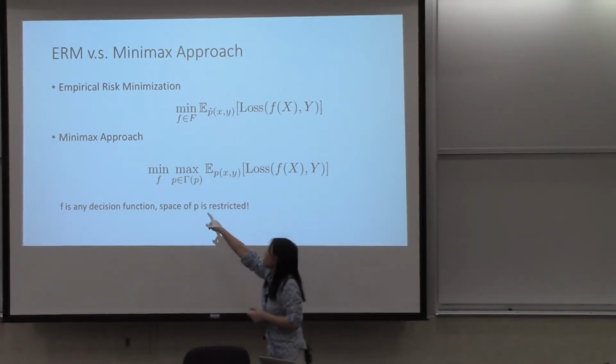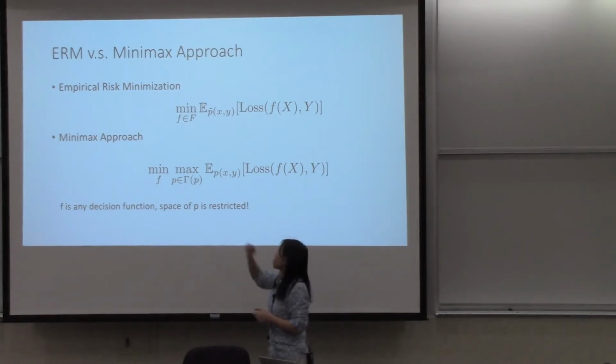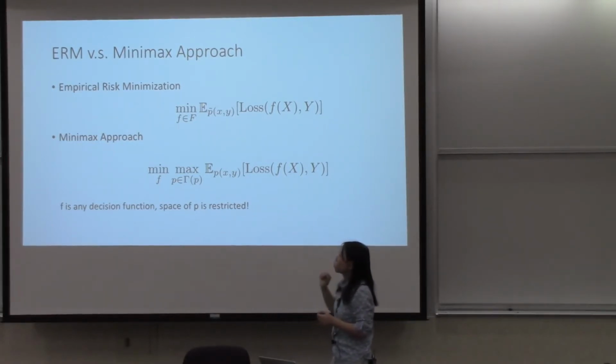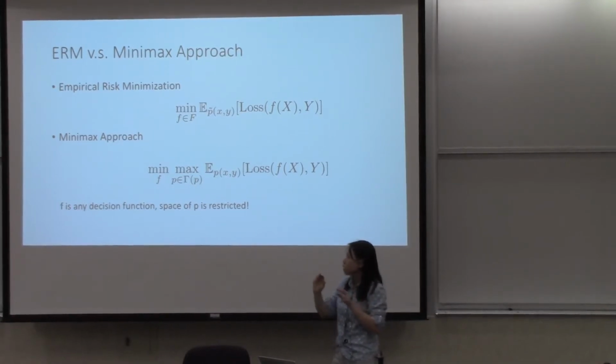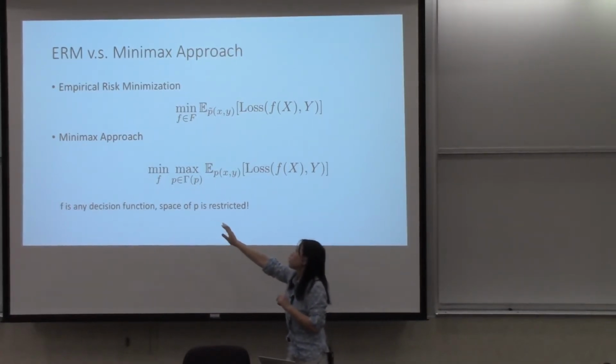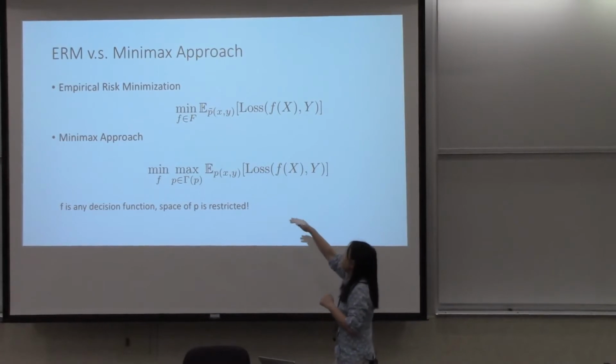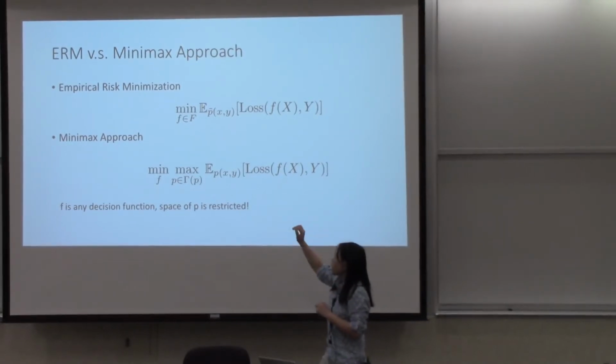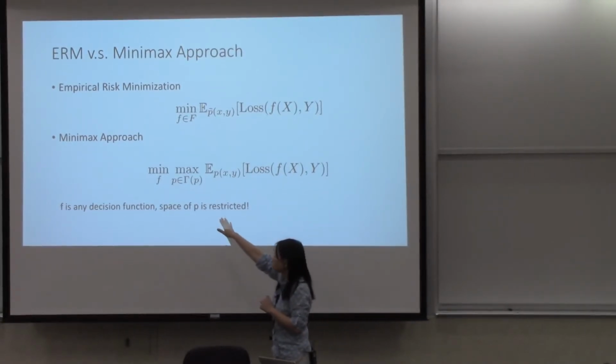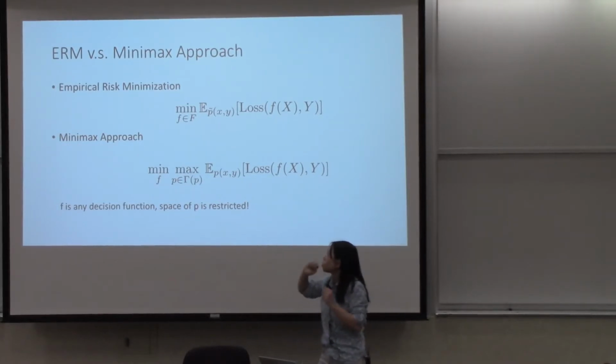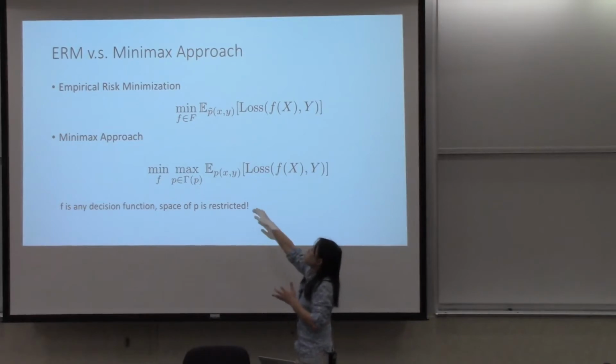Another player is f, our predictor, which tries to minimize this loss. So there are two players in this game. One is our predictor player, who wants to minimize the expected loss. The other is the p player, a max player, which defines our distribution for the expectation of this loss.